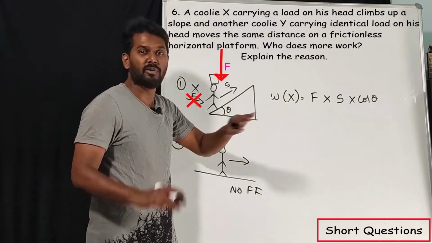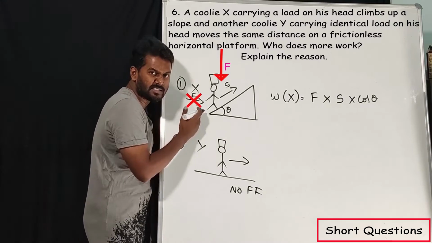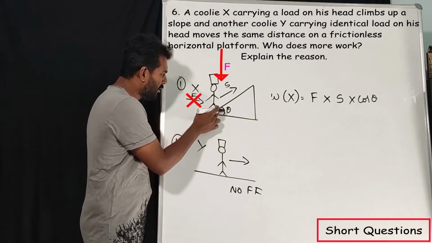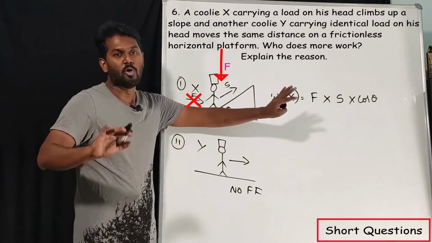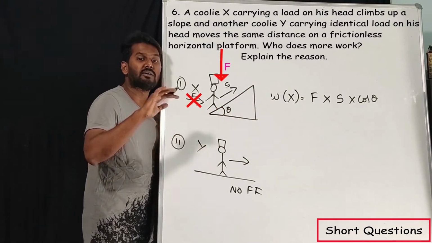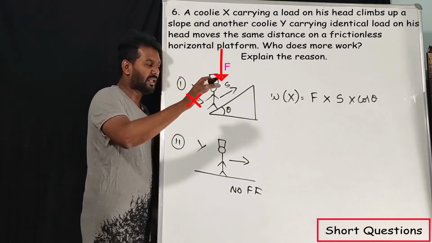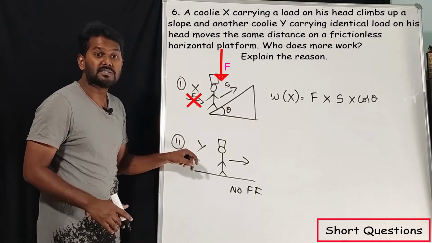The work done will not be 0, because if the angle between the force applied and the displacement is 90 degrees, then there will be no work done. But the angle is not 90 degrees, it is somewhere between 0 and 90 degrees, so there will be some work done. Now we'll talk about the second question.